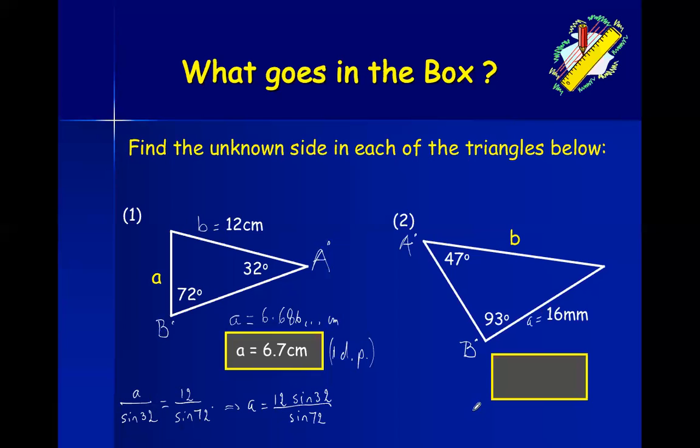So once again, A divided by sine 47 is equal to B. I don't need to write A, you can just say 16 divided by sine 47 is B divided by sine 93. Then B is just 16 sine 93 divided by sine 47.